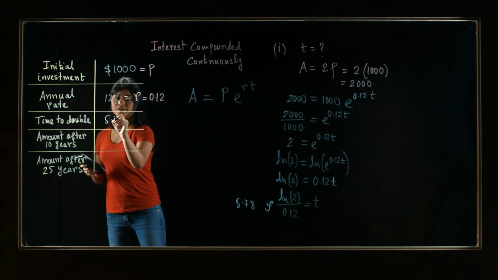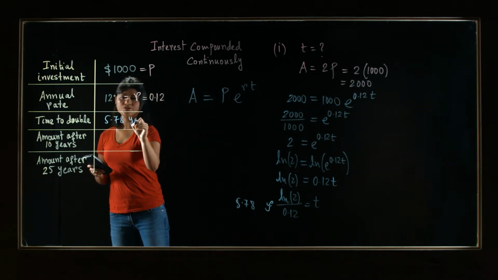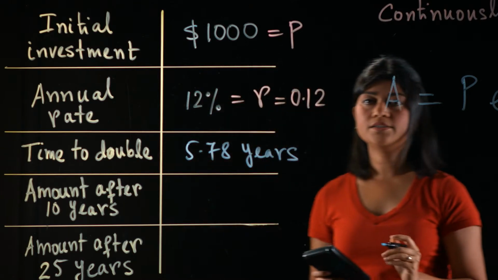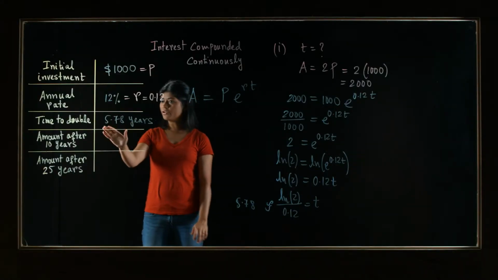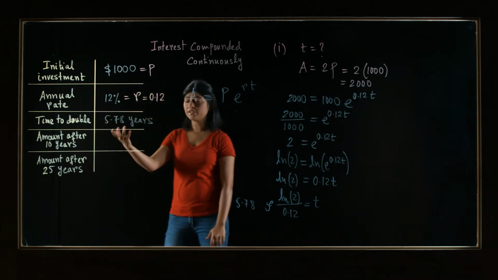So about 5.78 years will be needed to double the initial amount. So we know the time to double the amount.